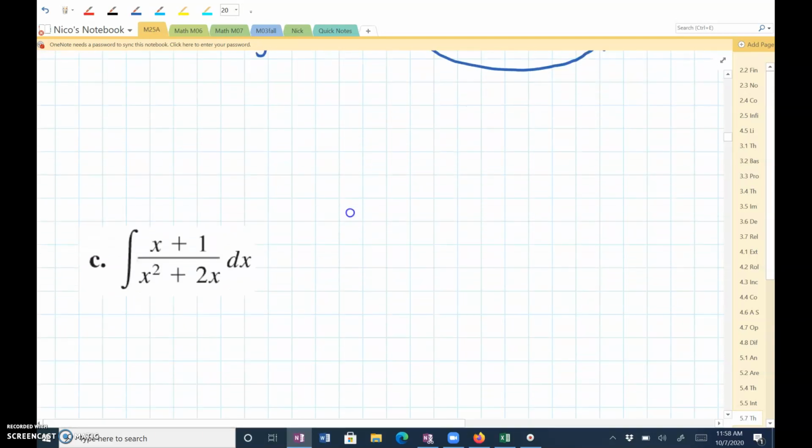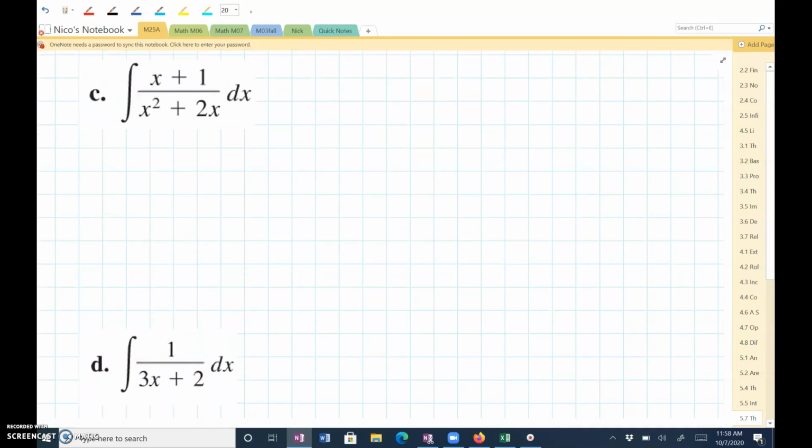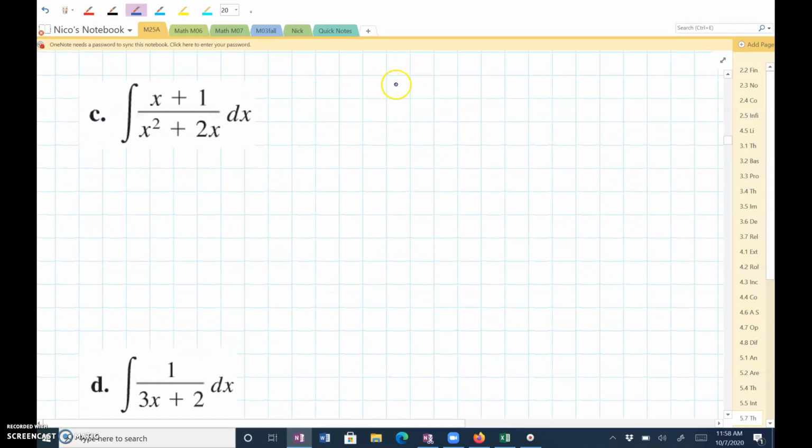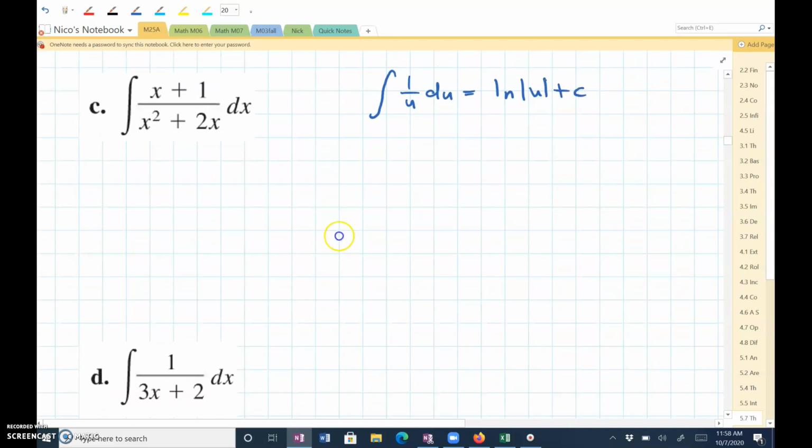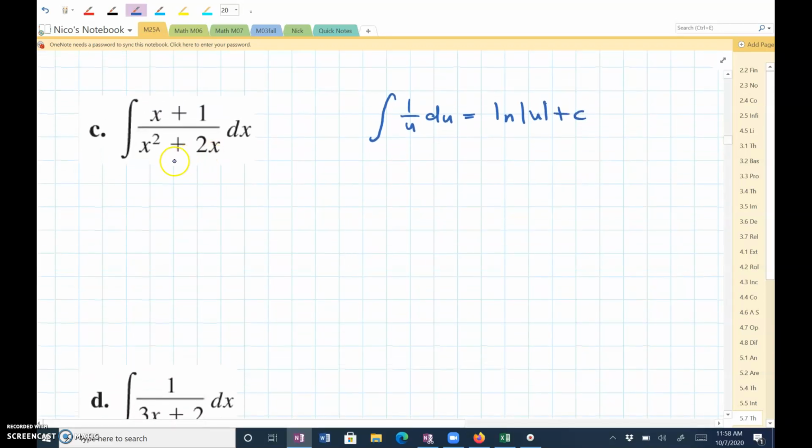Alright, let's look at c and d. So again, we're trying to apply the rule, 1 over u du equals the natural log of the absolute value of u plus c. So for this one, let u equal x squared plus 2x.